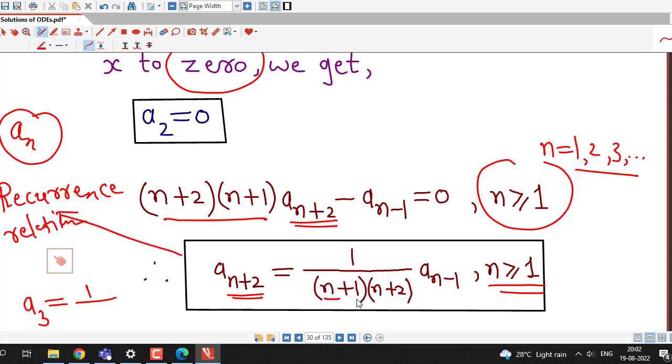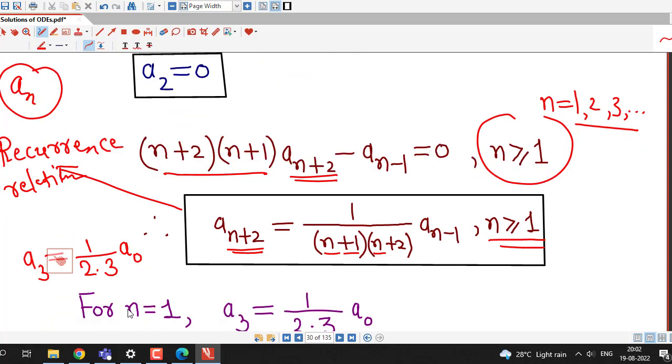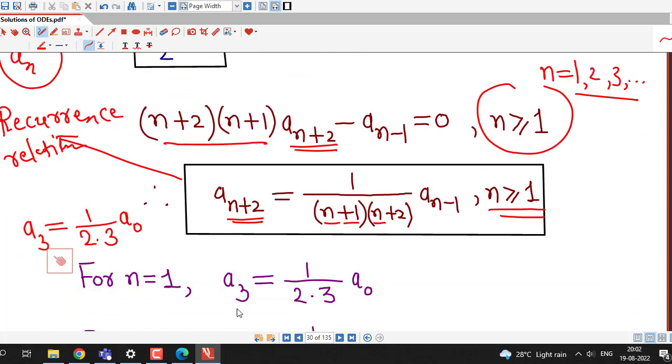For n equal to 1, this is going to be 2, and this is 3, and this is a0. So for n equal to 1, I will obtain a3 equal to 1 divided by 2 into 3 into a0. For time being, I keep this as it is. I am not writing 1 over 6 into a0.